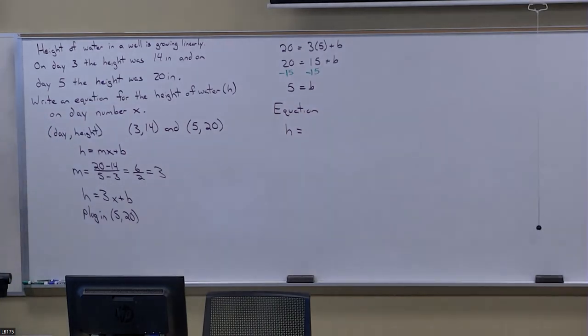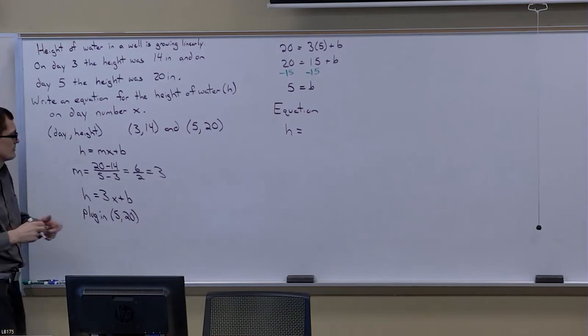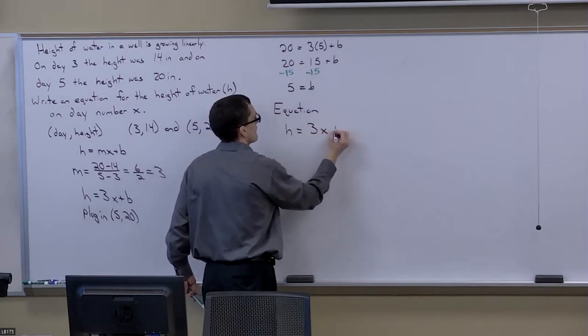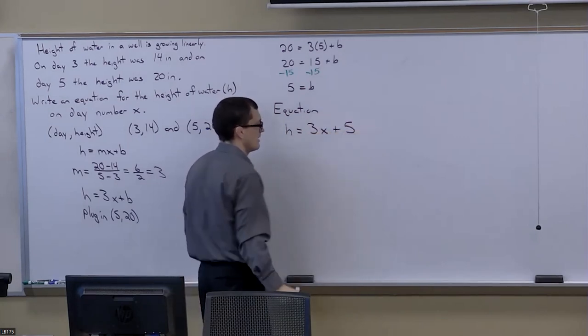I ended up getting a b of 5. So H is equal to 3 times X plus 5.